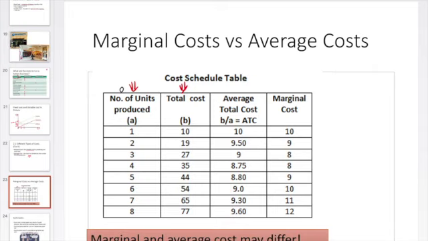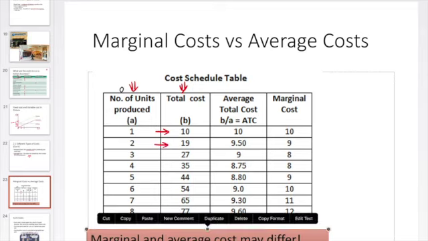Based on the record, you know that for producing one product, you need to spend $10. For producing 2 items, you need to spend $19. To produce 3 items, you need to spend $27. So those are just the numbers on your bill.